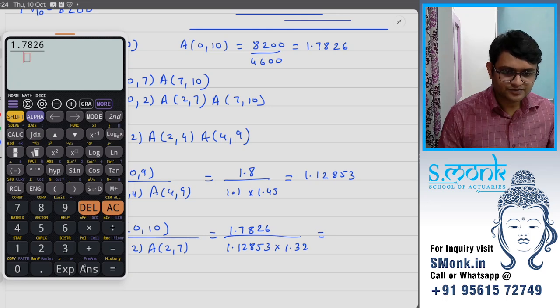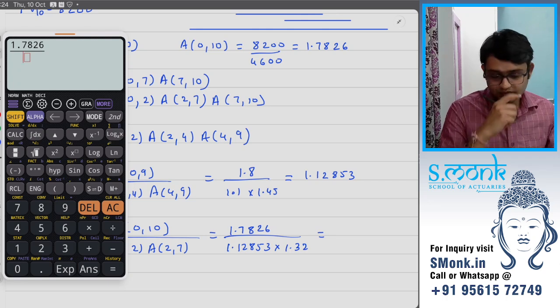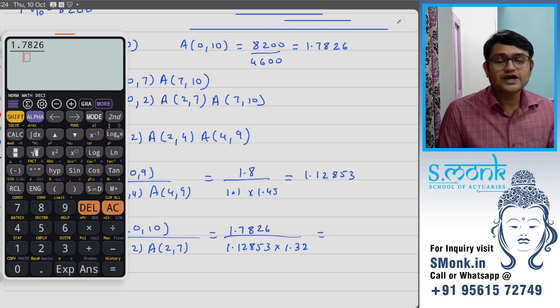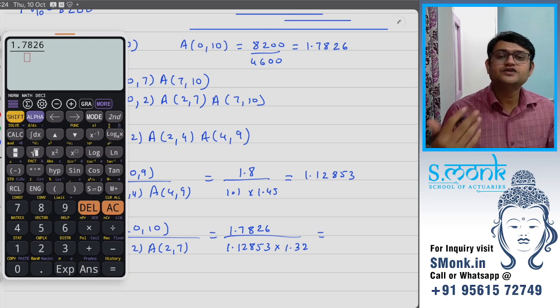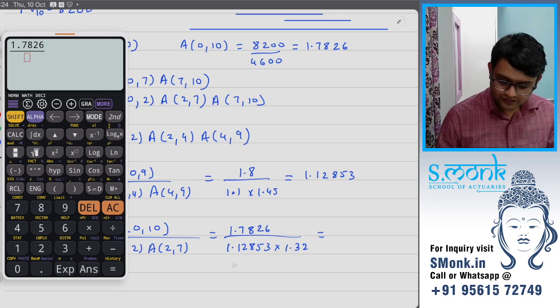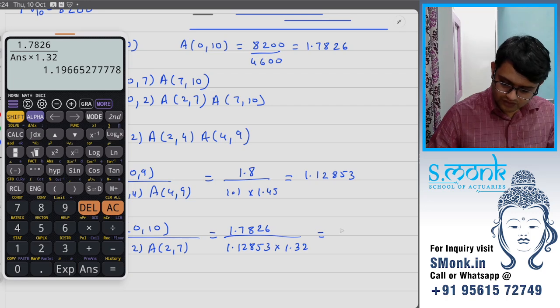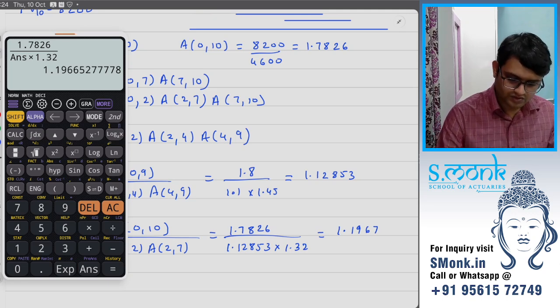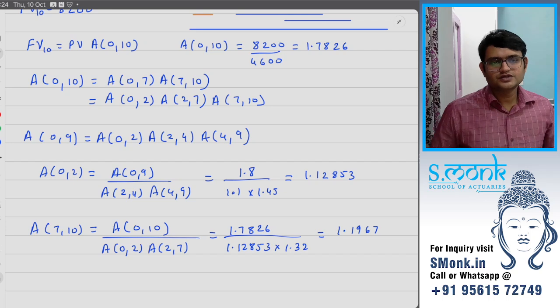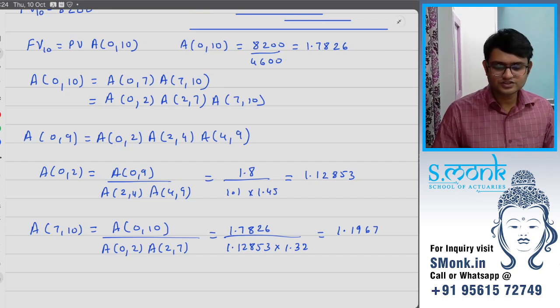You can use that for taking the previous equation's answer. In the previous equation we calculated this value, so I can use it as answer, answer into 1.32. So this is our answer. Accumulation 7 to 10 would be 1.1967.